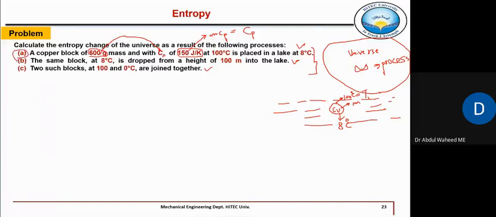So it means we need to calculate the entropy change of this copper, because on the system side we have copper. So we need to find out the entropy change of this copper, plus we need to find out the entropy change of the lake. The surroundings is the lake in this case.